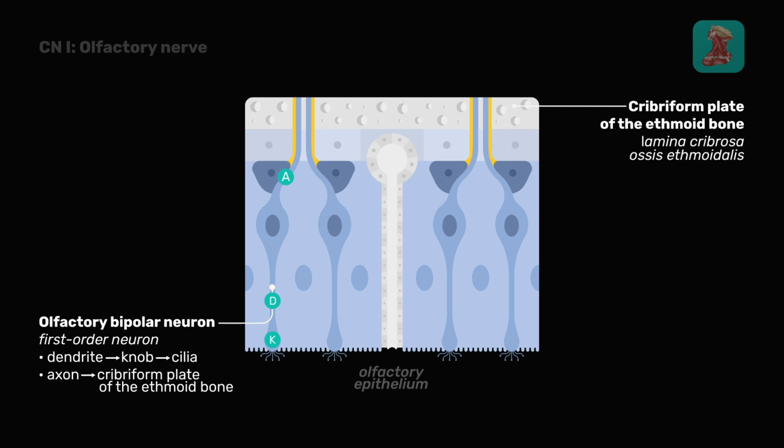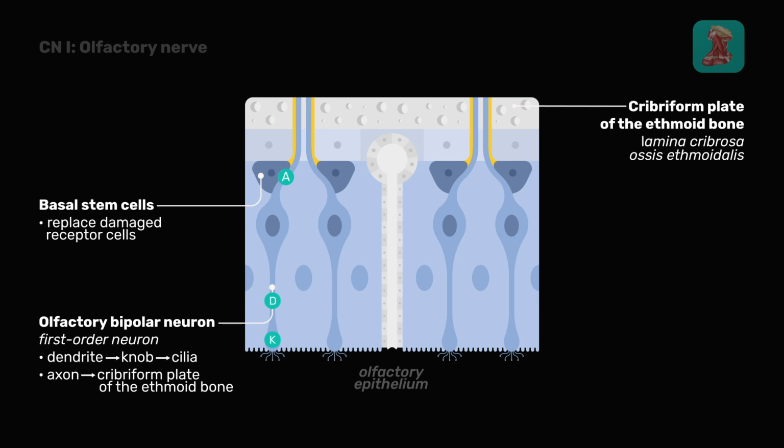Let's leave this type of cells for now and move on to the next: basal stem cells. They are located on the basal membrane and differentiate into and replace damaged receptor cells. This means that, unlike other special sensory neurons, olfactory cells can regenerate throughout life.